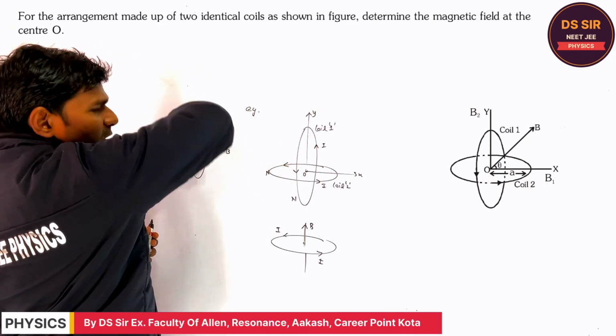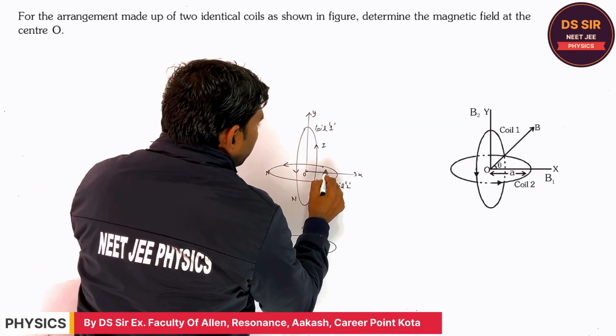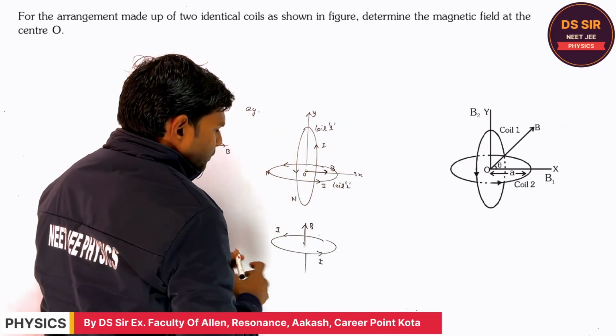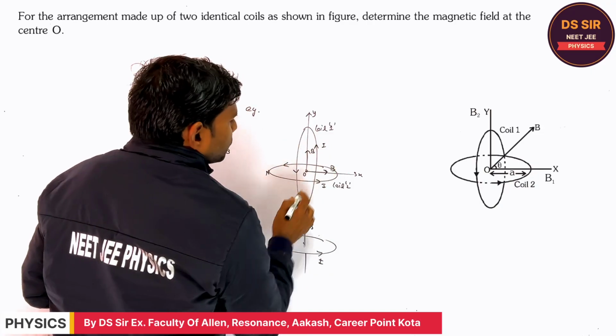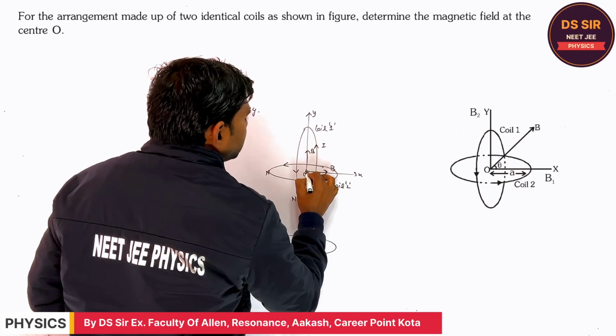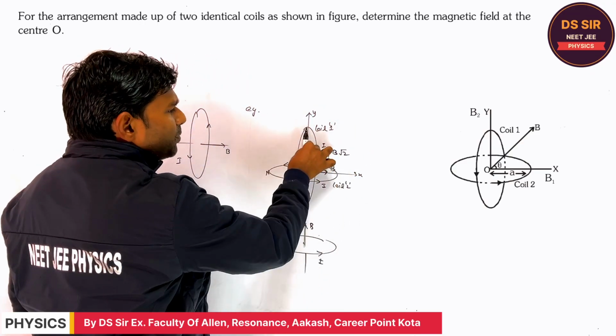Are you getting? So because of this coil, the magnetic field is in this direction. Because of this coil, the magnetic field is in this direction. So what is the resultant magnetic field? B root 2.